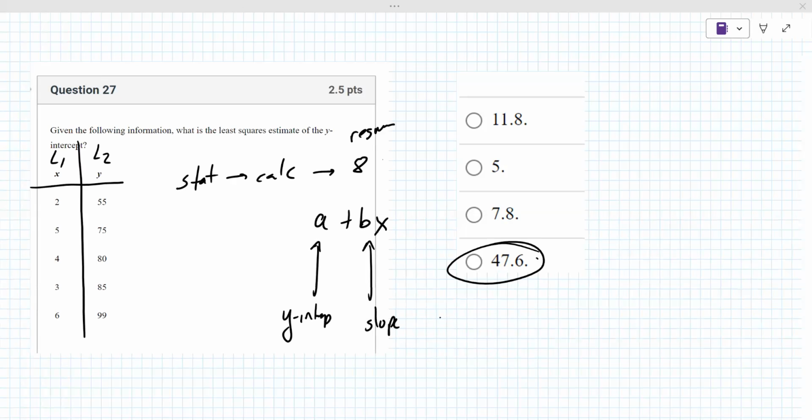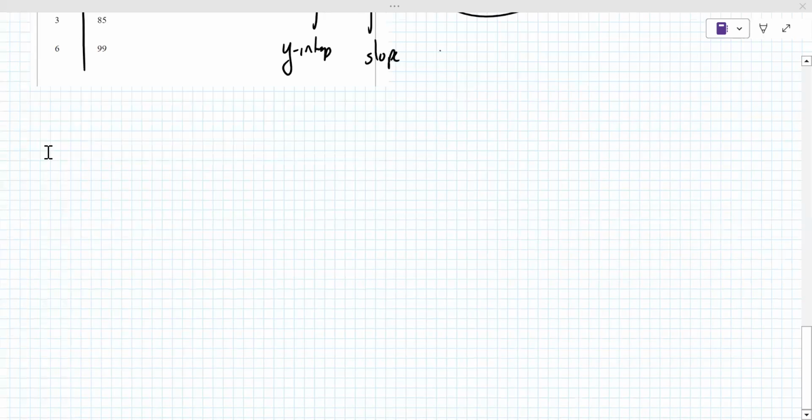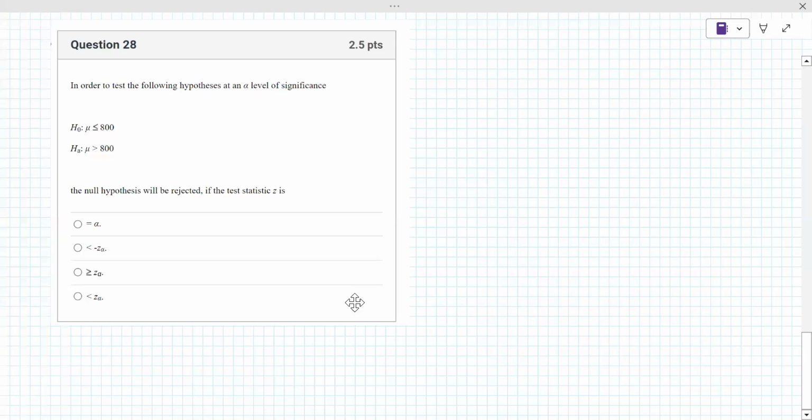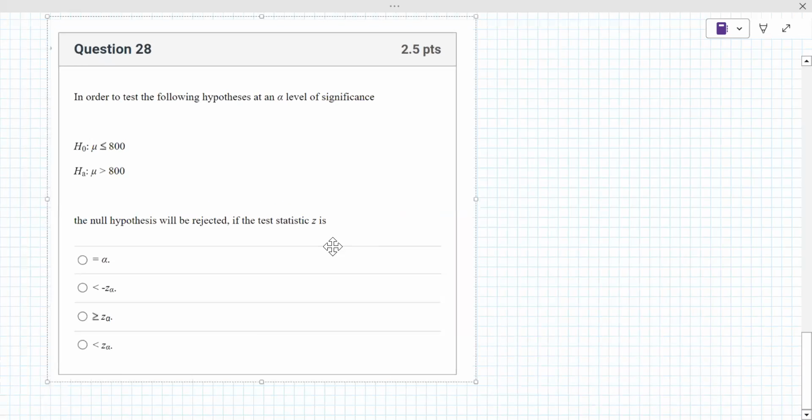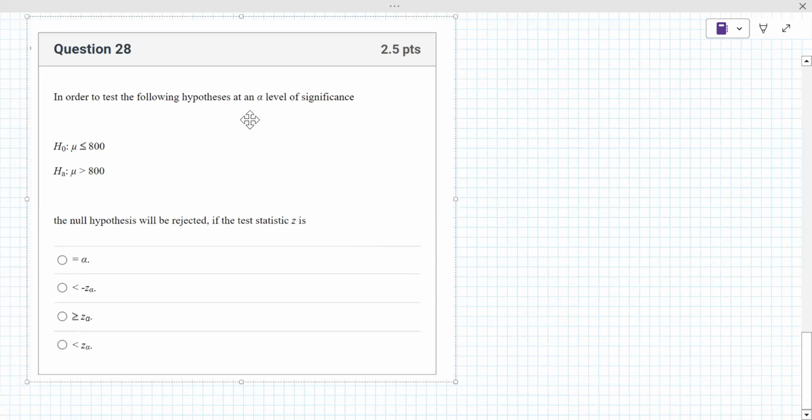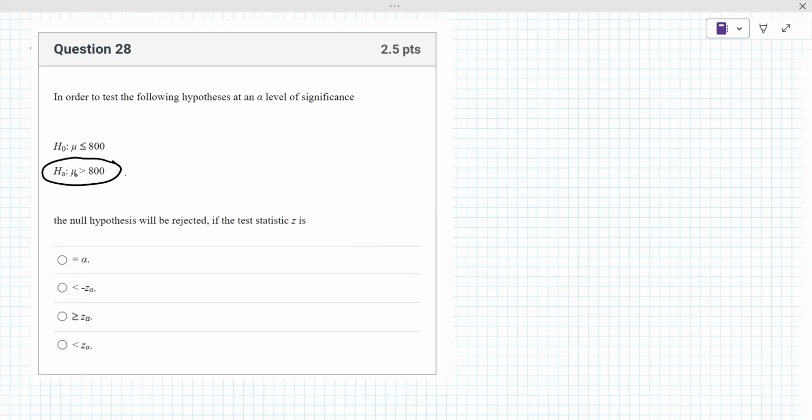All right, 28. It's not really numerical, but kind of requires some explanation. In order to test the following hypothesis at an alpha level of significance, H0: mu less than or equal to 800, alternative: mu greater than 800. The alternative is usually what we care about. We care about the fact that there's some place over here in the right tail where we're going to get a p-value.